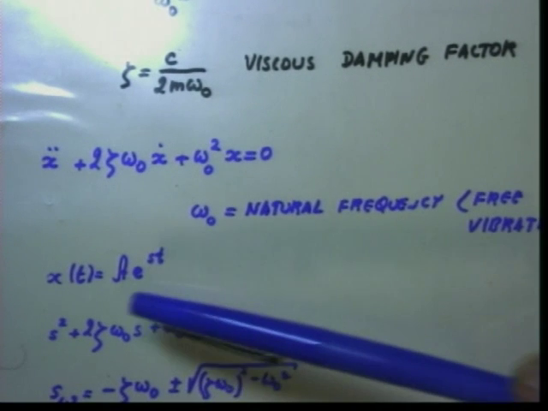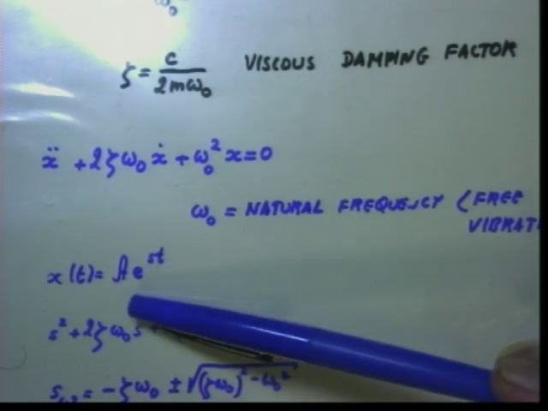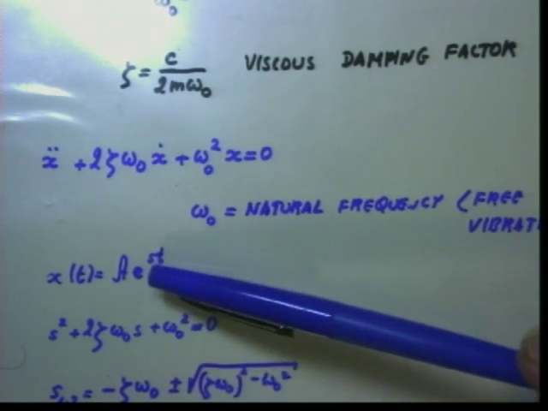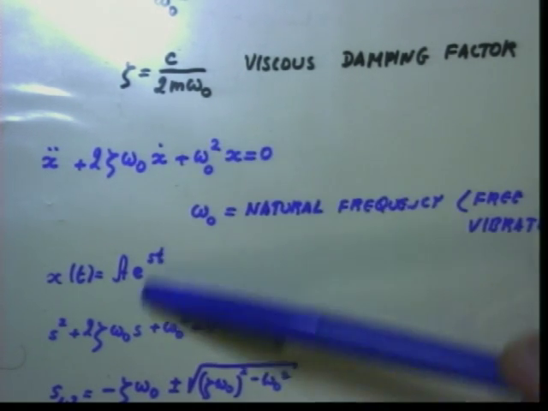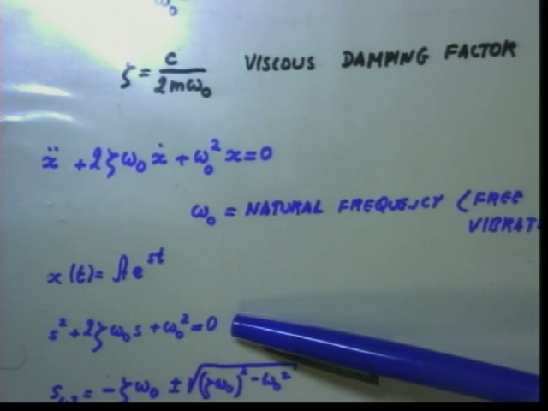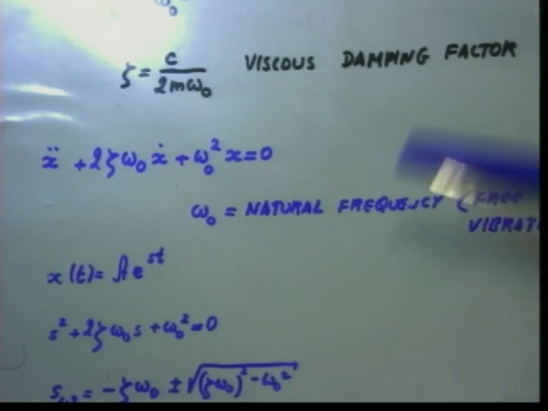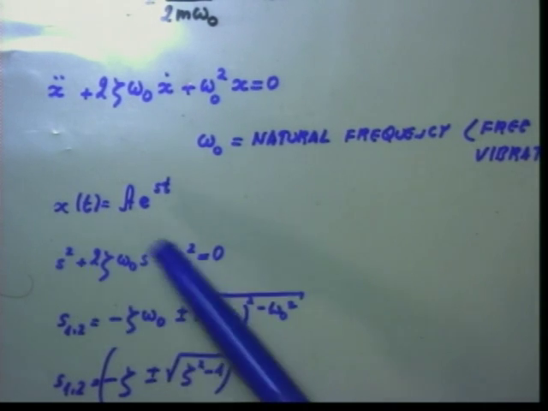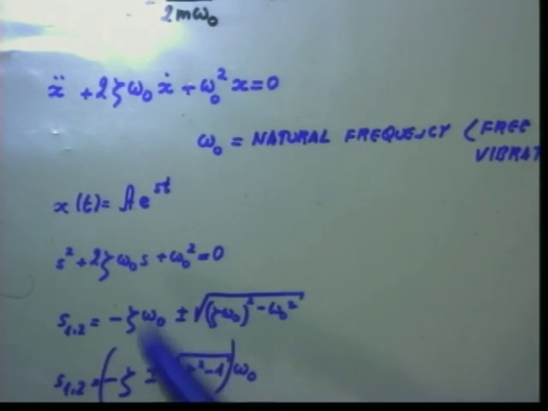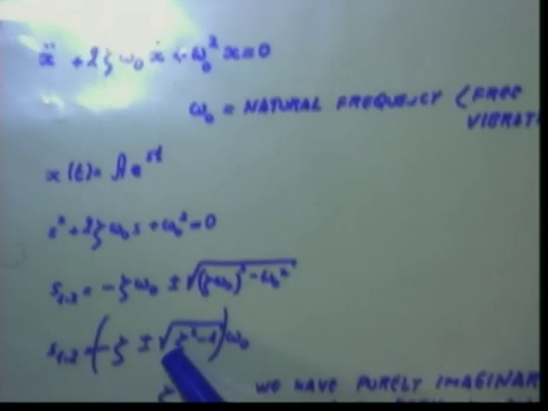Then we looked for the solution in the form A times e to the power st, substituted it here and got the characteristic equation. This is a quadratic equation for s, which has two roots, s1 and s2, one with plus sign, the other with minus sign.